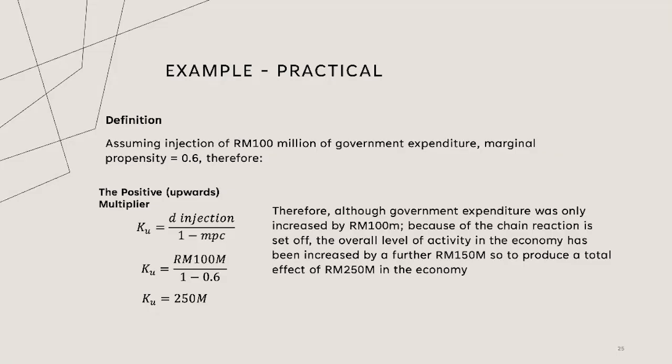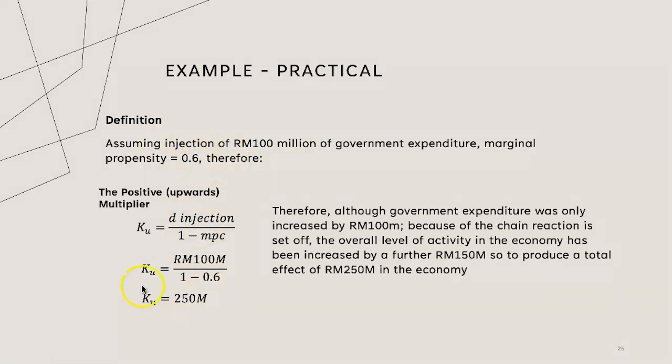Let's look at the calculation example for the positive multiplier. Assuming an injection of RM 100 million of government expenditure, and a marginal propensity to consume of 0.6. Therefore, putting it in this formula, the change in injection is RM 100 million, divided by 1 minus the MPC, which is 0.6.